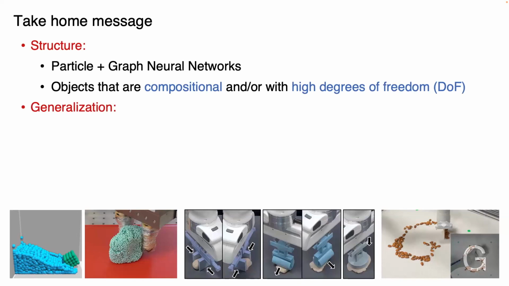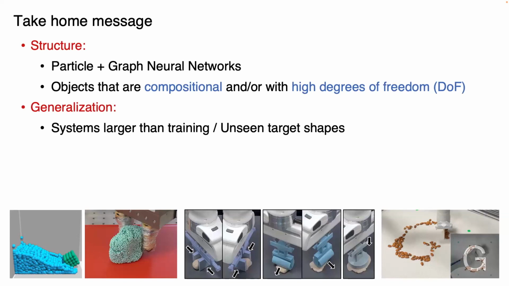And it comes with two major benefits. The first one is generalization, where our system can naturally generalize to systems that are larger than during training. As I've shown earlier in the talk, even if there are more fluid particles, our system is able to handle that. Our system can also achieve unseen target shapes.